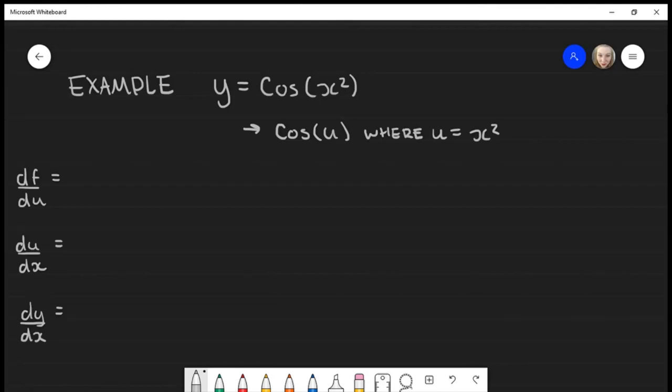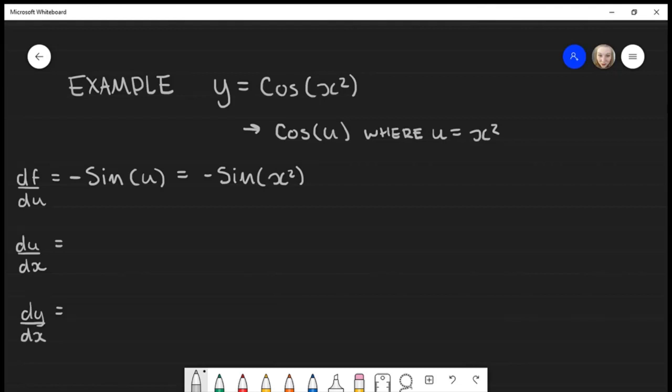Now from the chain rule, to be able to differentiate this, we need df over du, which is the differential of cos u, which cos goes to minus sine, which then if we replace u in there, it becomes minus sine of x squared.